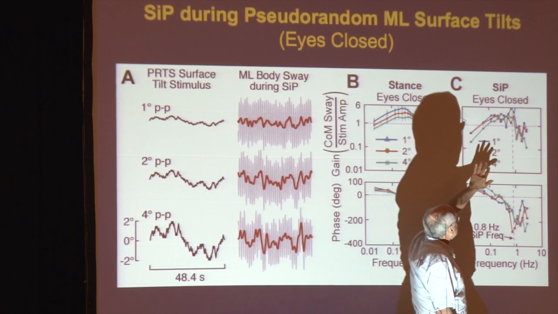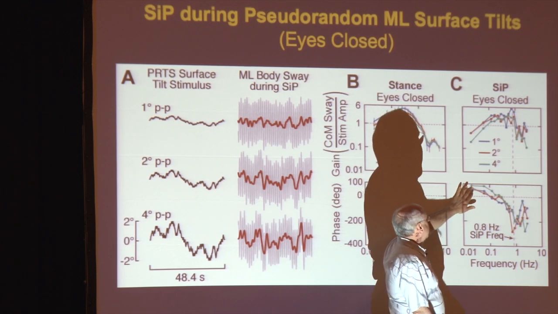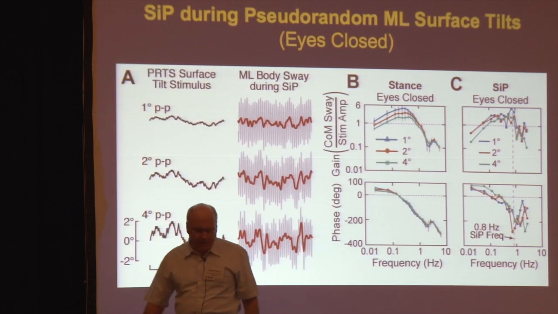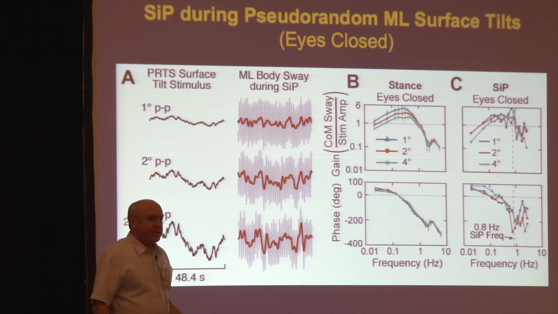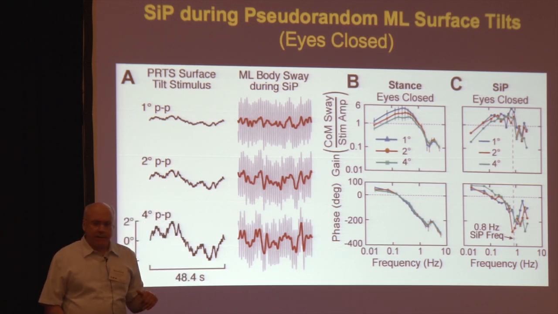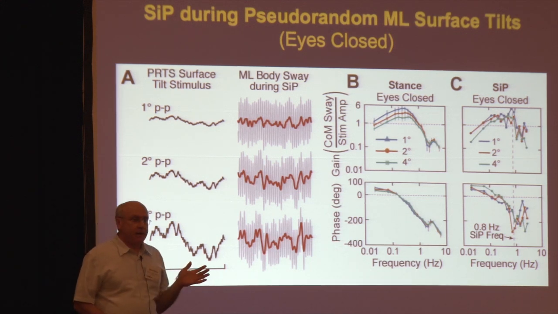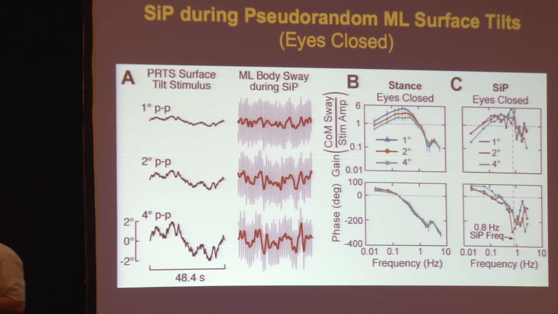So the gain is highest at mid frequencies, drops off at low frequencies, with phase lead at low frequency and increasing phase lag with increasing frequency. And so, to some approximation, these effects of orientation control during stepping in place are similar to what they are during quiet stance.